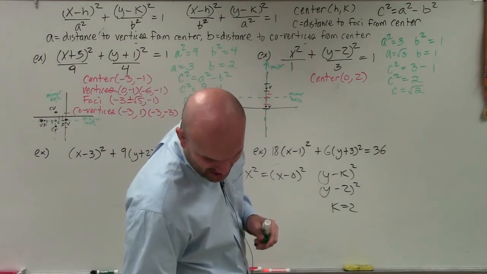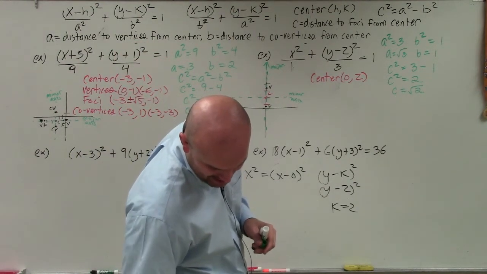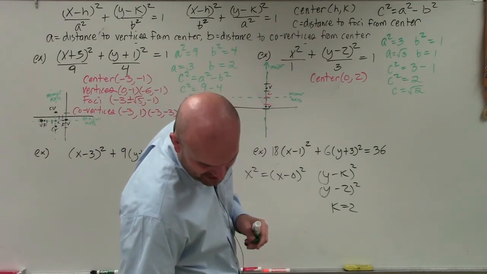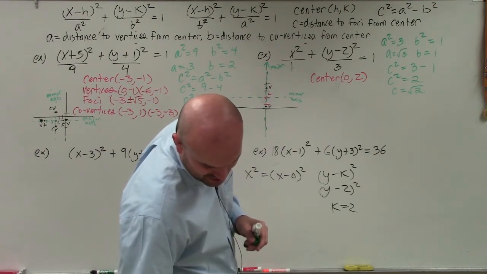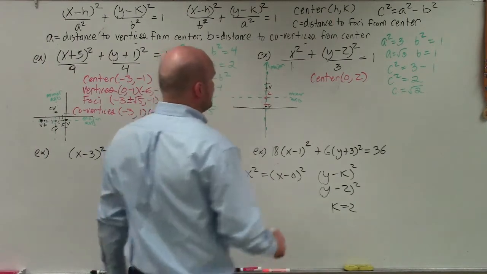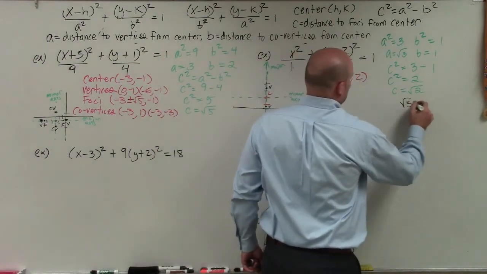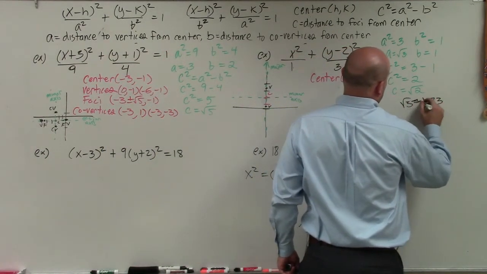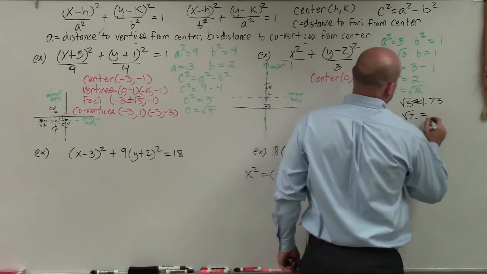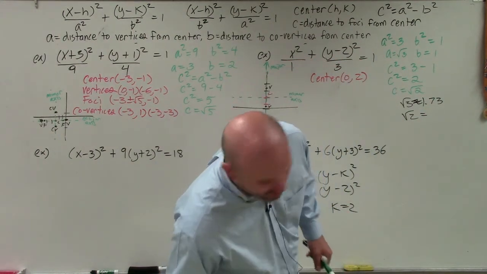Just to approximate, let me show you what I mean. Square root of 3 is approximately 1.73, and the square root of 2 is 1.41.